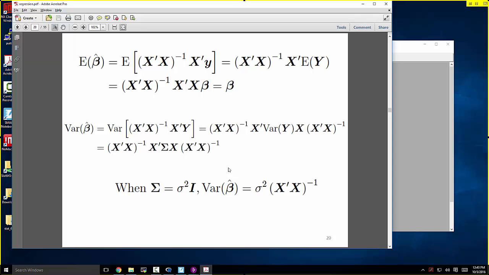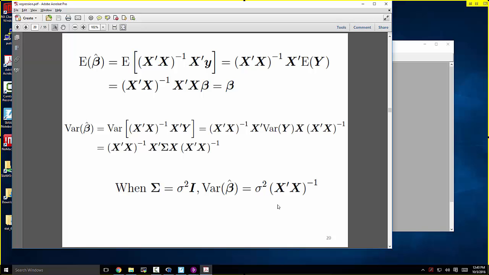If beta hat has p components, then there is a variance for every single component, but there are also covariances for all the pairs. The variance of an estimated beta vector is therefore a matrix.